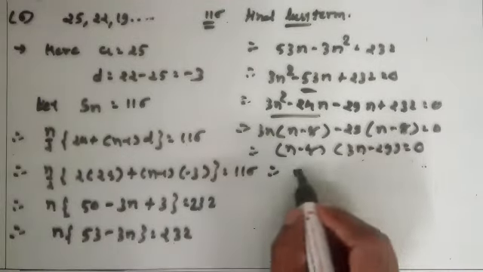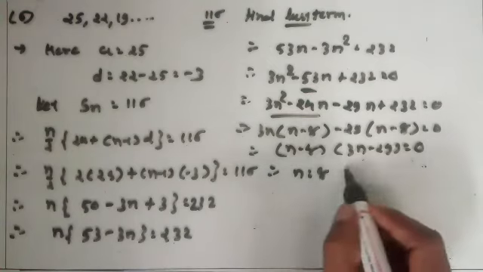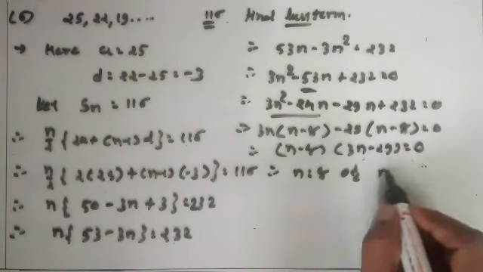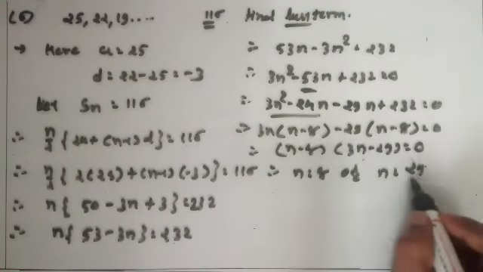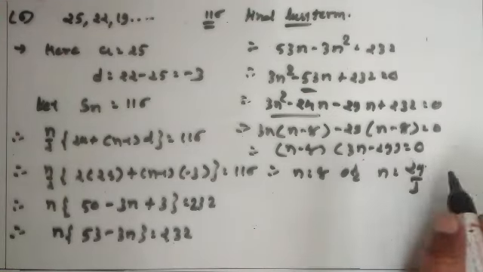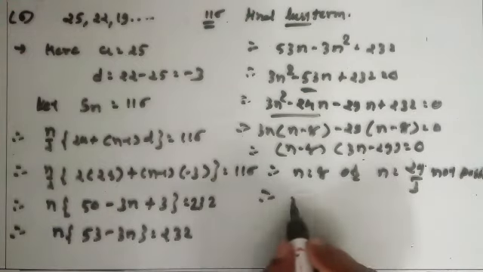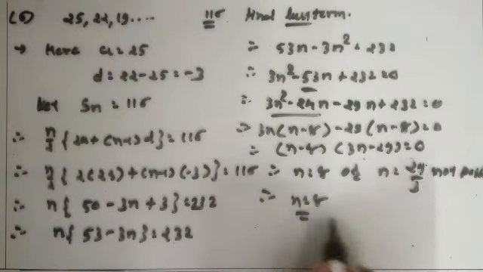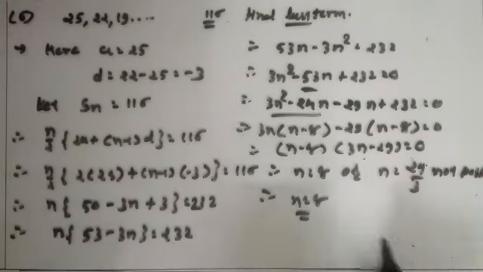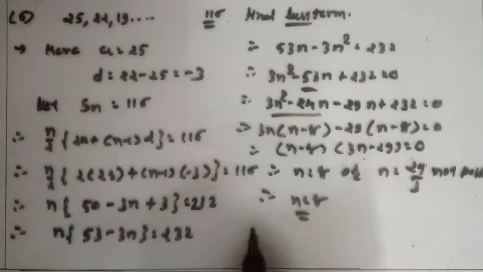Therefore n is equal to 8 or n is equal to 29 upon 3. 29 upon 3 is not possible. Therefore n is equal to 8. So the last term is the 8th term. Now we find this last term. So the 8th term is the last term.